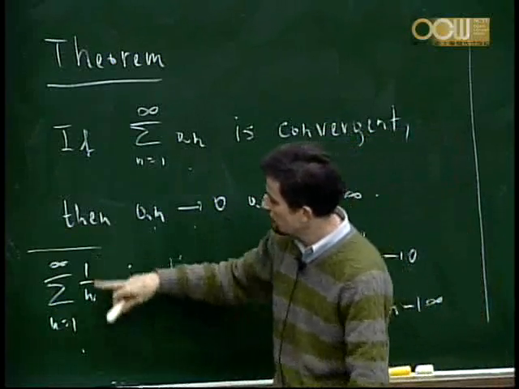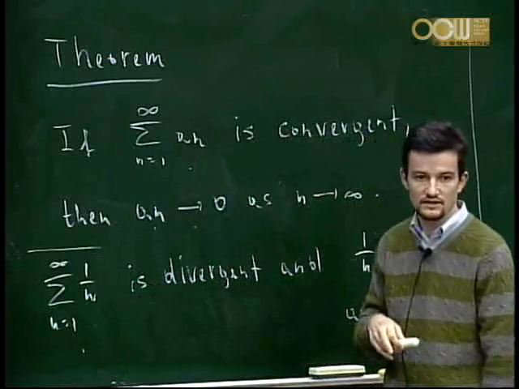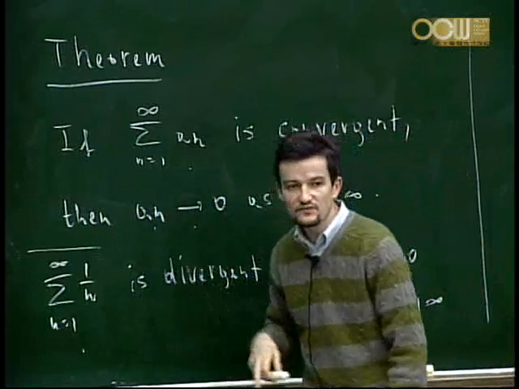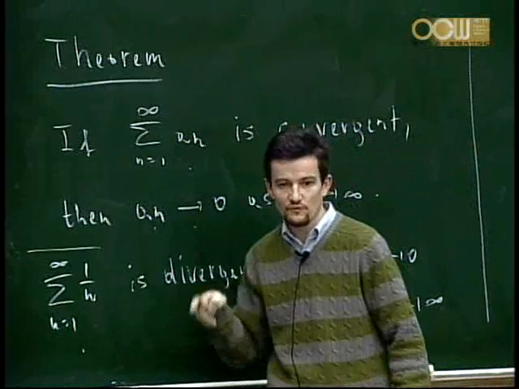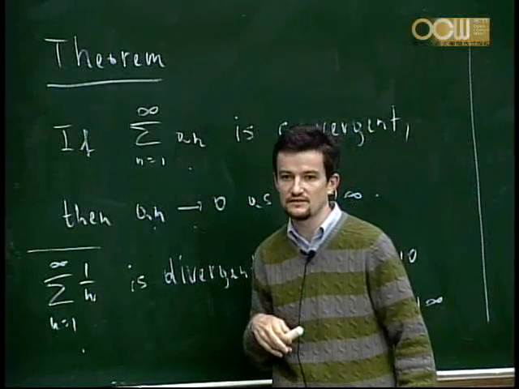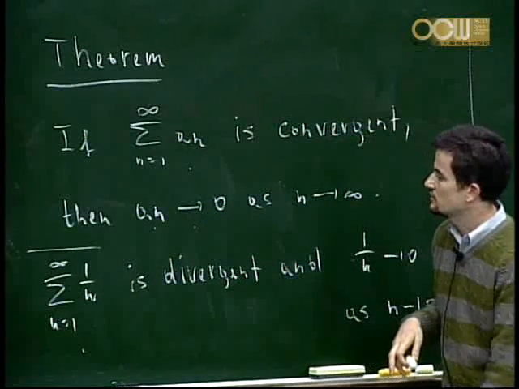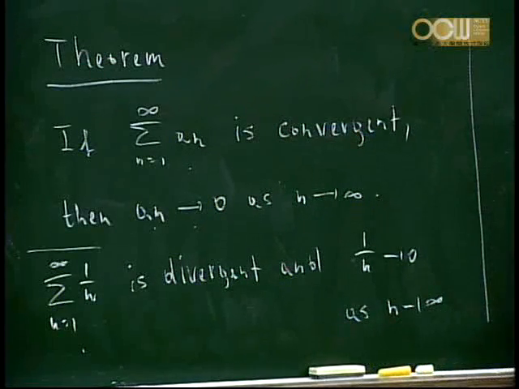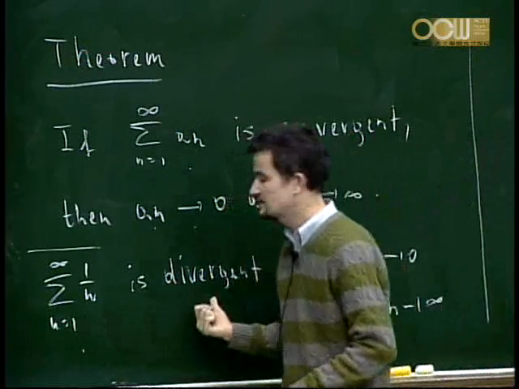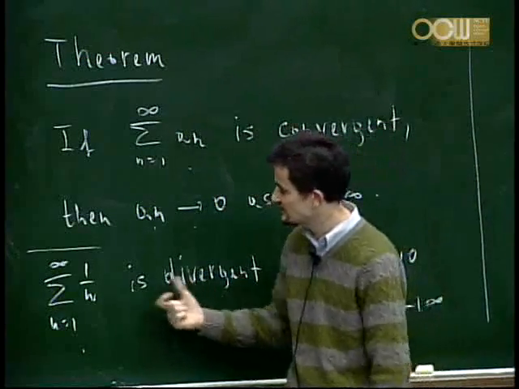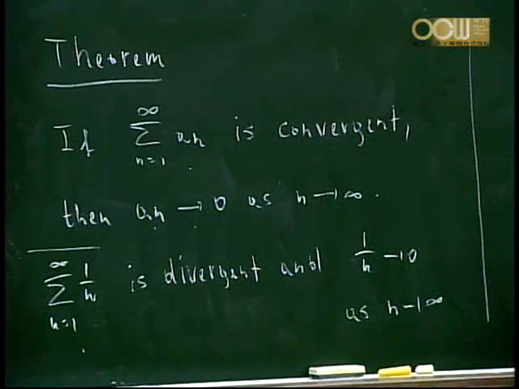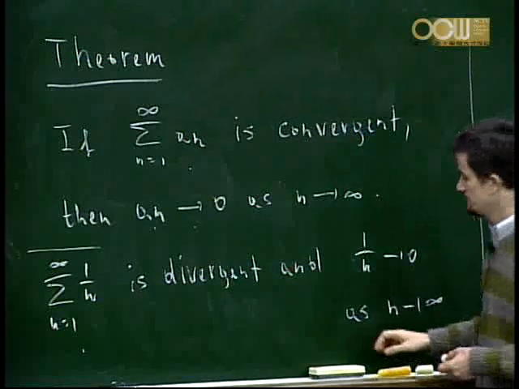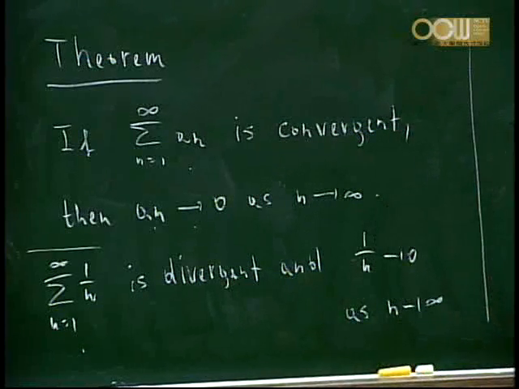Now, if you replace here 1 over n by 1 over n squared, 1 over n squared tends to 0 much faster than 1 over n, and for 1 over n squared, we will indeed see that the corresponding series is convergent. So here essentially the reason why the divergence fails is because this sequence tends to 0 as n tends to infinity, but not fast enough. Okay, so any questions to this?